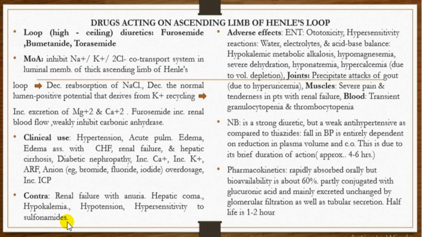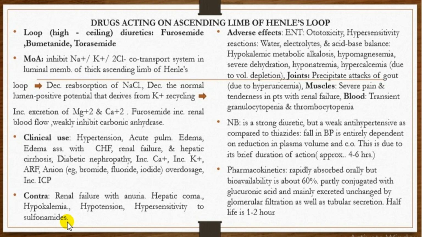of loop diuretics. Then, when we look at water and electrolytes, as well as acid-base balance, we may have hypokalemia taking place, and this hypokalemia usually is a result of what I have explained earlier.